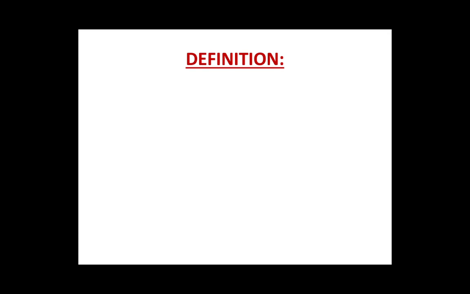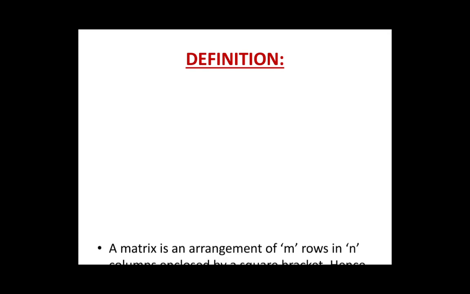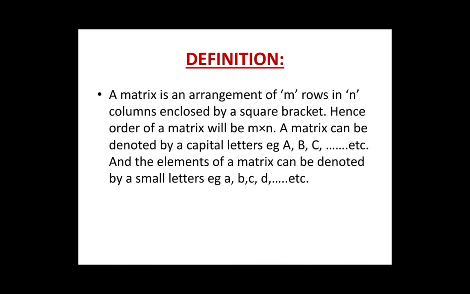Before coming to matrix, let us revise the determinant. As I told you, a determinant is an arrangement of numbers in an equal number of rows and an equal number of columns, enclosed by a bar bracket.